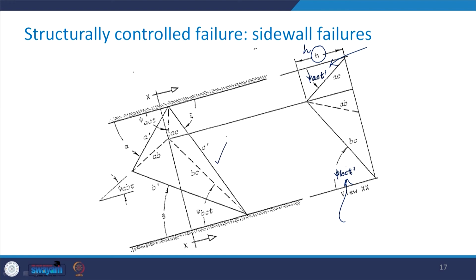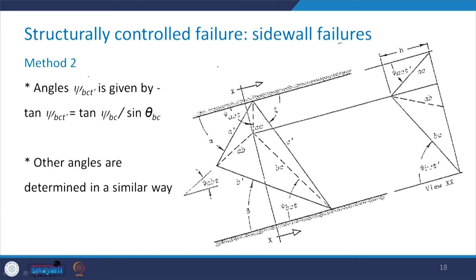Take a look at this part of the figure, which can be constructed now because we know these three angles psi ACT, psi BCT, psi ABT, and then we know these traces A prime, B prime and C prime. From the stereographic projection, just draw the parallel lines as I already explained in the case of the roof failure. Follow the same principle and you can construct this.